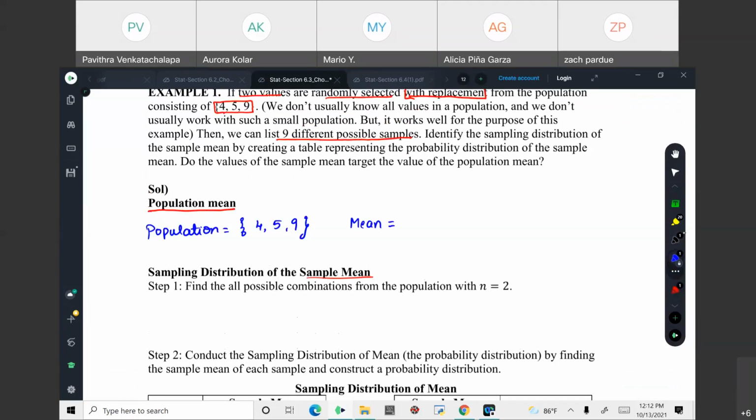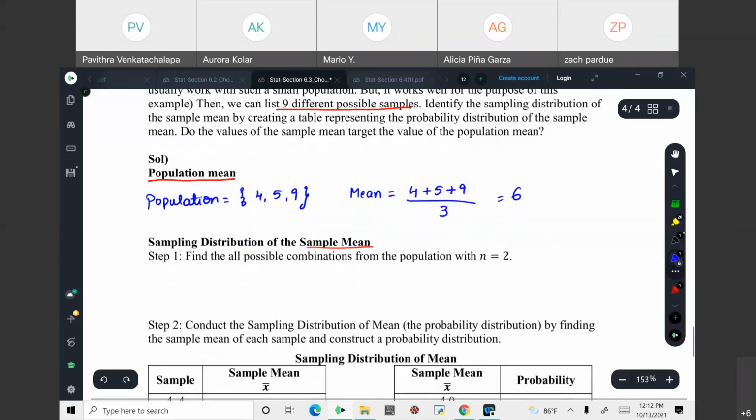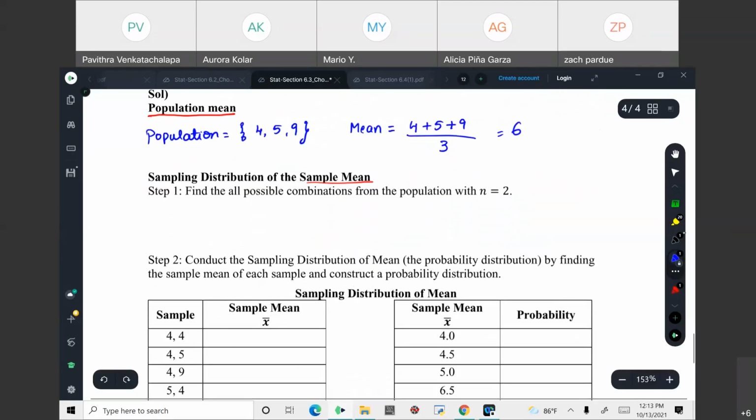So 4 plus 5 plus 9 divided by the total number, which is equal to 6. Now the question is asking whether it is biased or unbiased, meaning the sample mean should be equal to 6. Let's see whether it is possible or not.